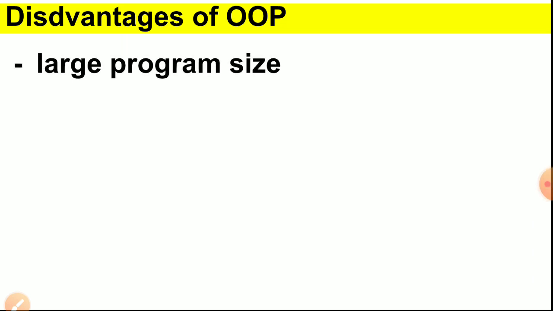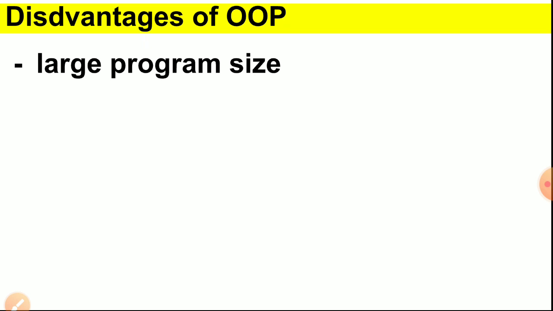Let's see a few disadvantages of OOP. In OOP, the program size is relatively larger than POP. Even for a small program, you have to write many lines of code.